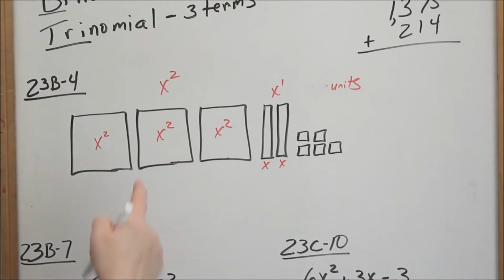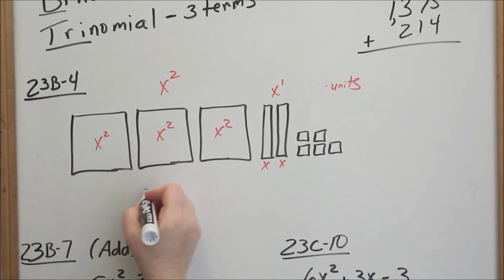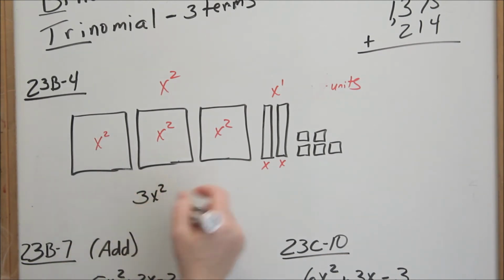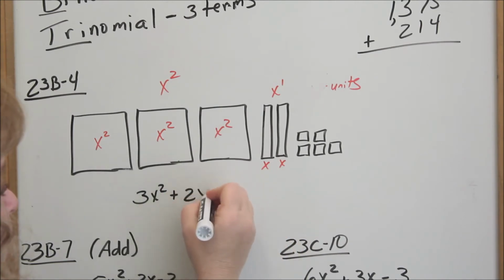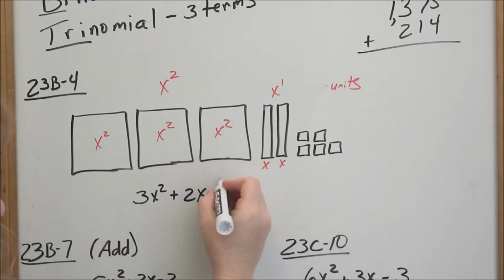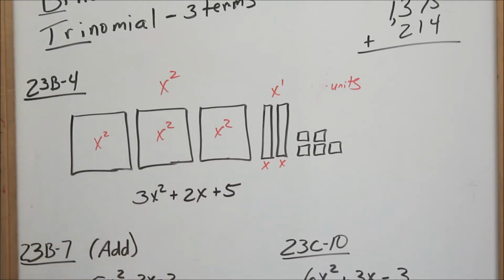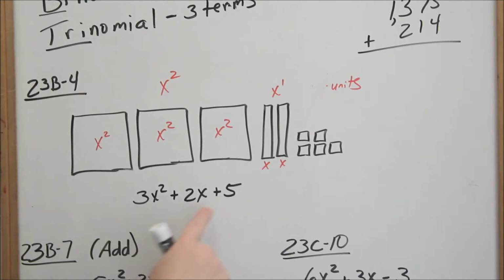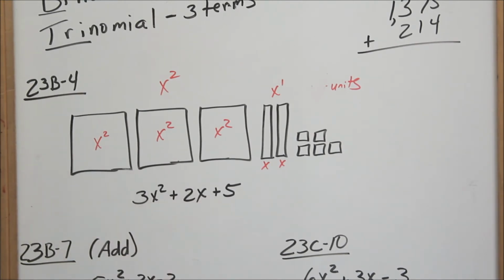So to match up here, how many of the x squares do we have? We have 3 of them. We have 3 x squares. We're adding it to here. How many x's do we have? 2 x. And then how many just unit blocks do we have? 5. So when you're matching this up, you're going to match it to this right here, 3x squared plus 2x plus 5.